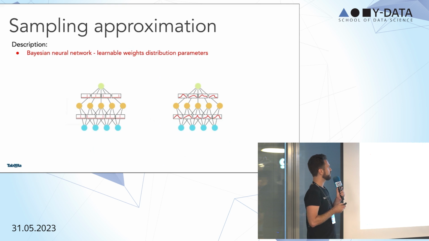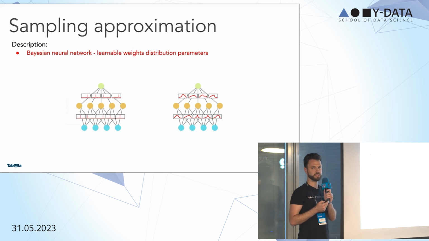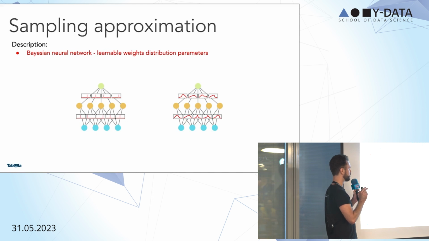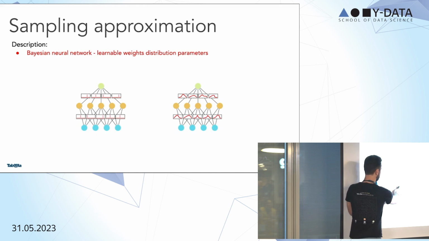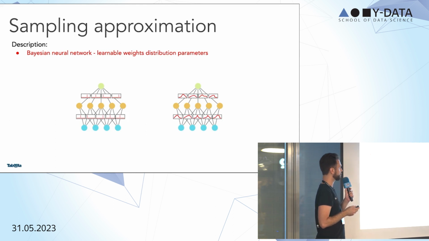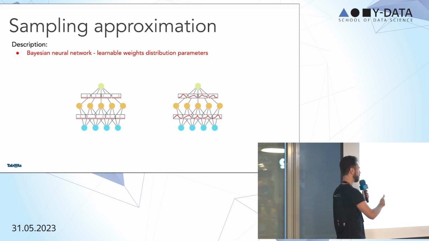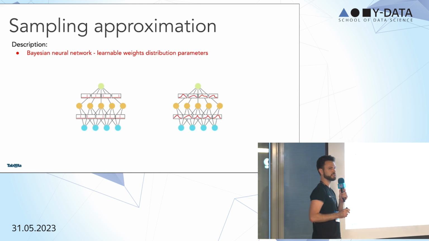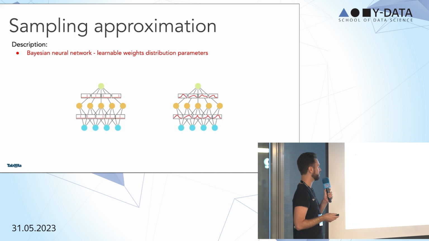So we'll start with the sampling approximation for a basic uncertainty metric. As a quick reminder, what is a Bayesian neural network? Usually in a neural net we learn discrete values for each neuron. If we think about them as probability, the probability support is only one value, which has 100% of the probability, and that's it.